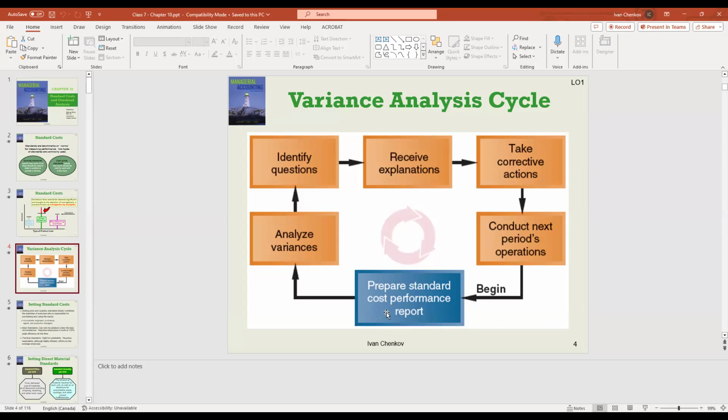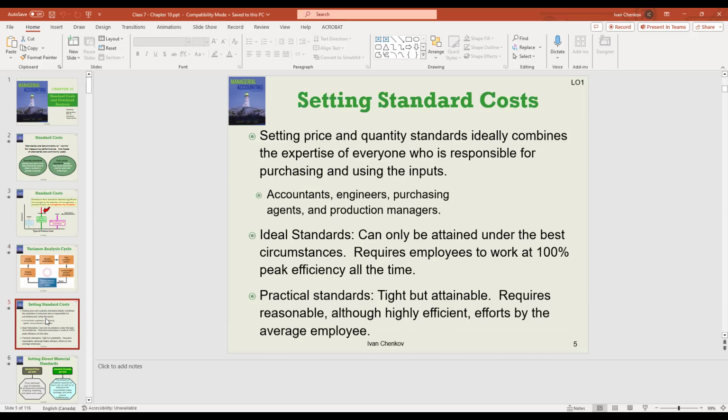Once the next period happens, you're going to prepare the report, and we're going to check again what you were planning to happen versus what actually happened. Once you compare those, again you're going to find the variances, if there are any, and continue with the same cycle over and over until the next period.